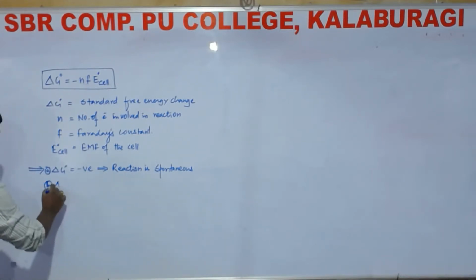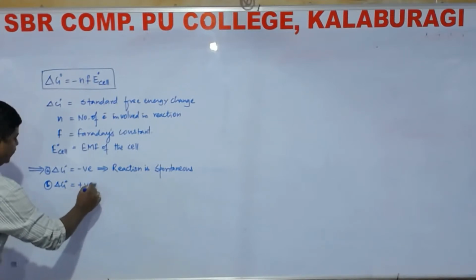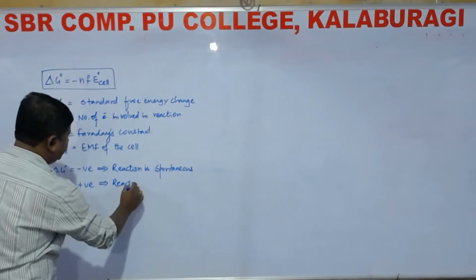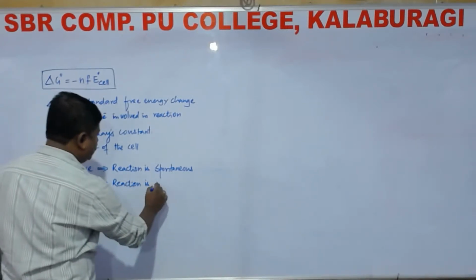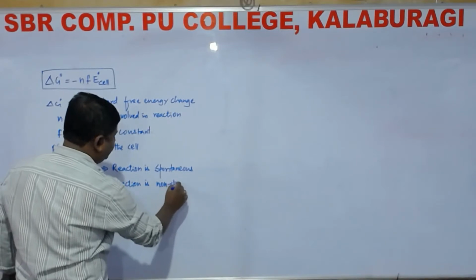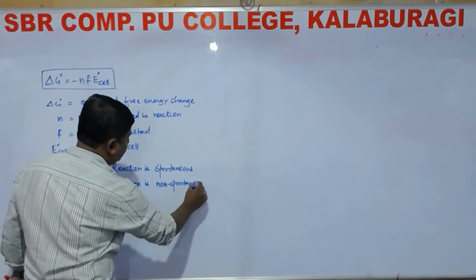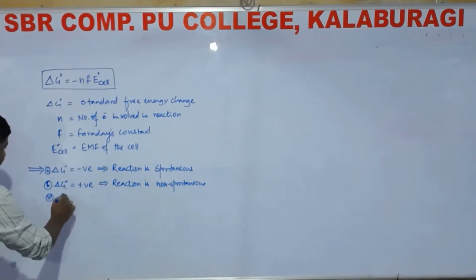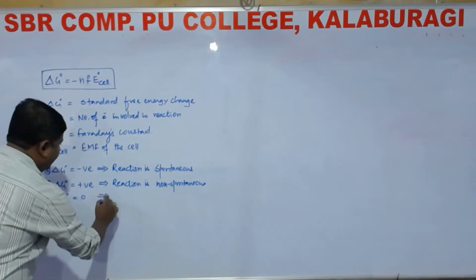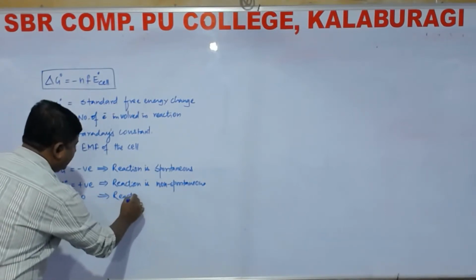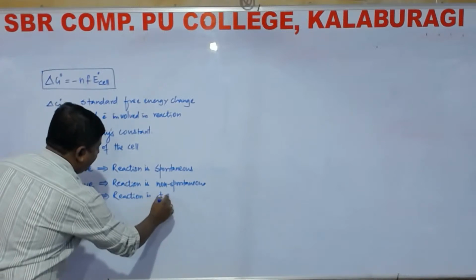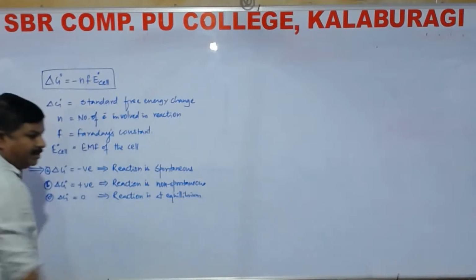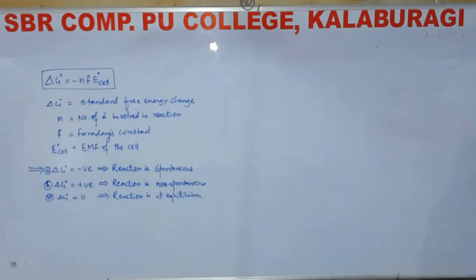Any positive value of ΔG° makes the reaction non-spontaneous, the reaction does not take place. And if the value of ΔG° is equal to 0, the reaction is at equilibrium.